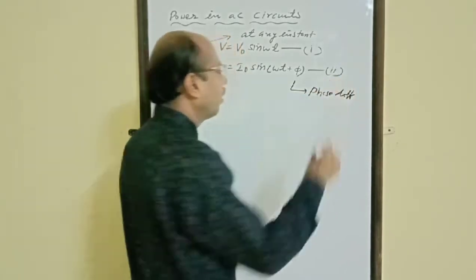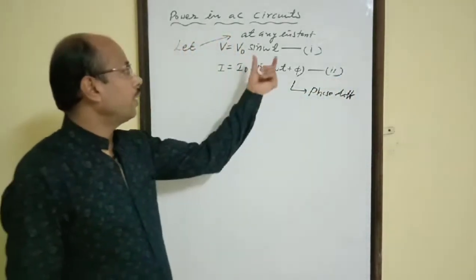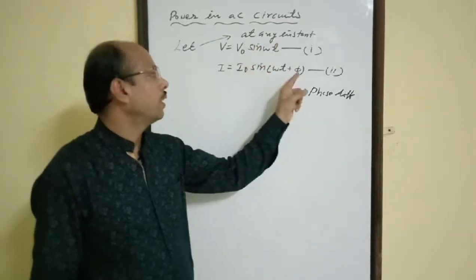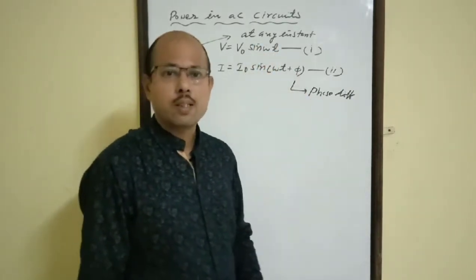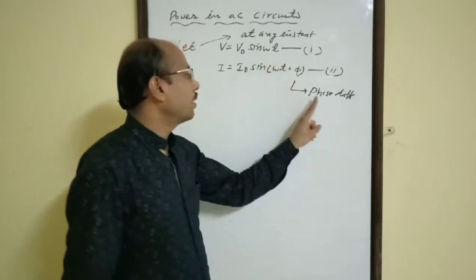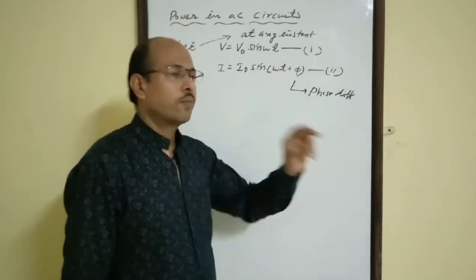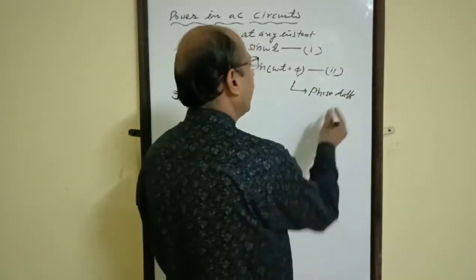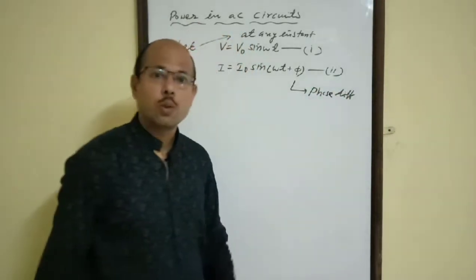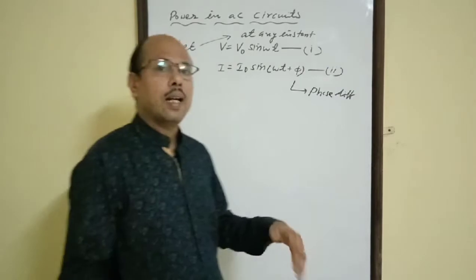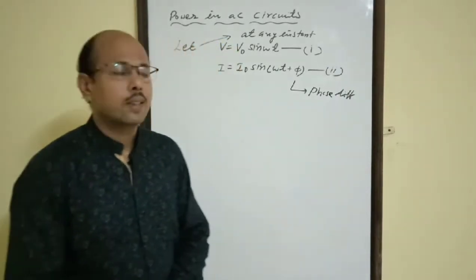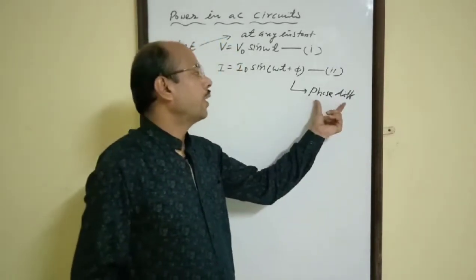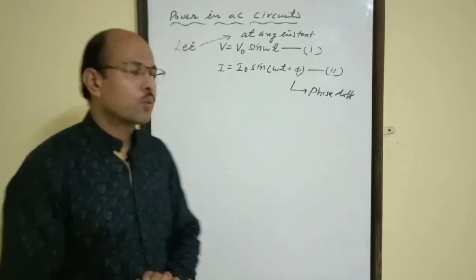Phi is the phase difference. If we consider only an inductor, then this phase difference will be minus pi by 2. If we consider only a capacitor, then this phase difference is plus pi by 2. If we consider only a resistor, then this phase difference will be 0. And if we consider an LCR circuit, LR circuit or RC circuit, then it may have different values.